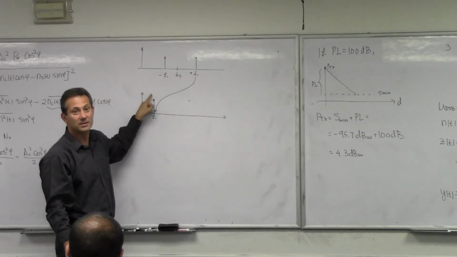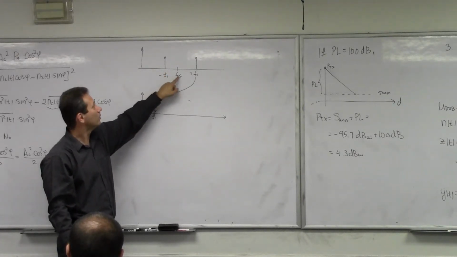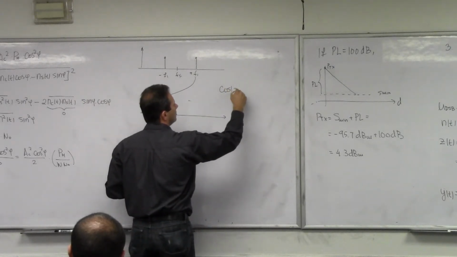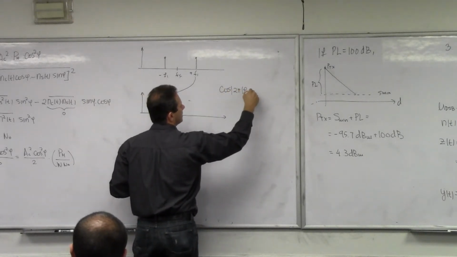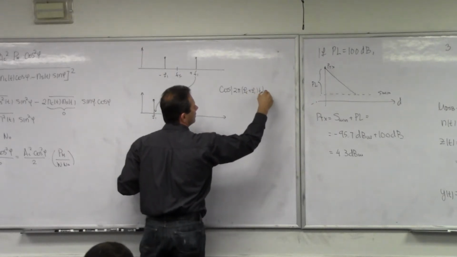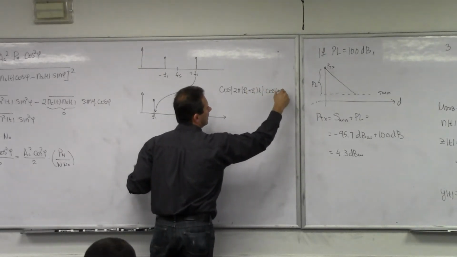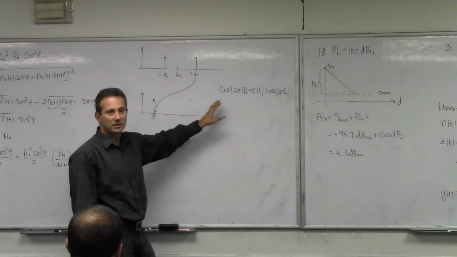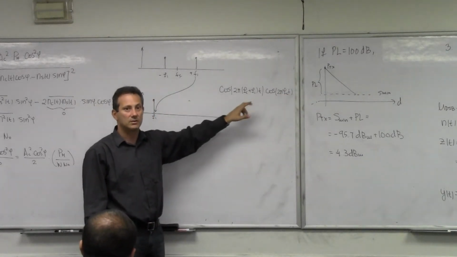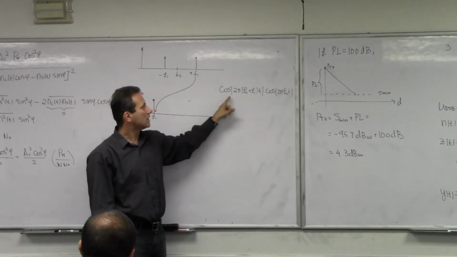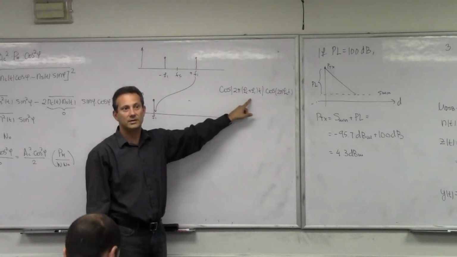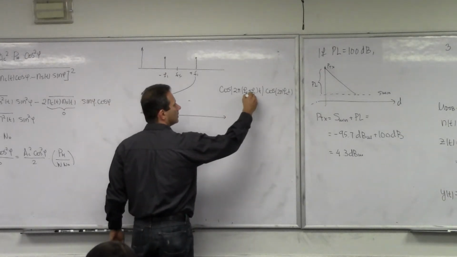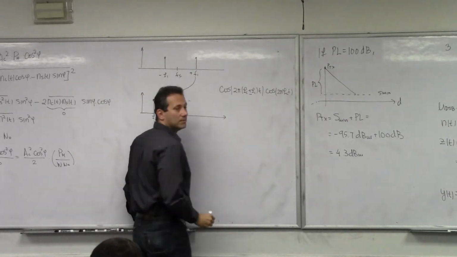No, same place. Both of these, here's what I'm talking about: cosine 2 pi (Fc plus F1)t times cosine 2 pi Fc t. So you have a sum and a difference. The sum gets filtered out. The difference is cosine 2 pi F1 t. The second component gets me the same.